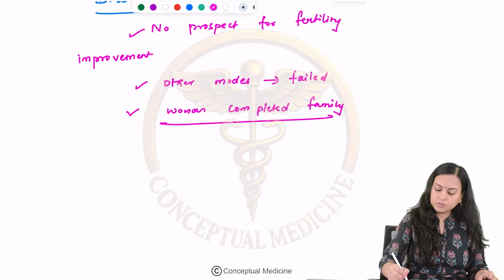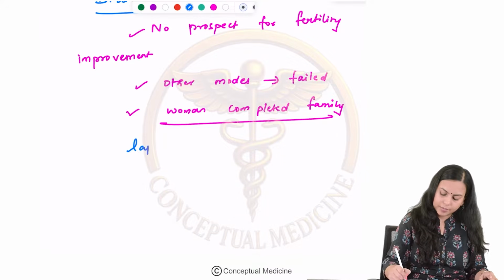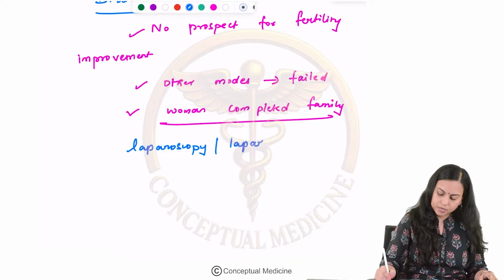Okay. So, this can be done by laparoscopy or laparotomy.